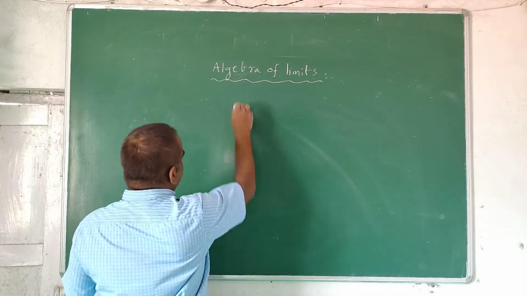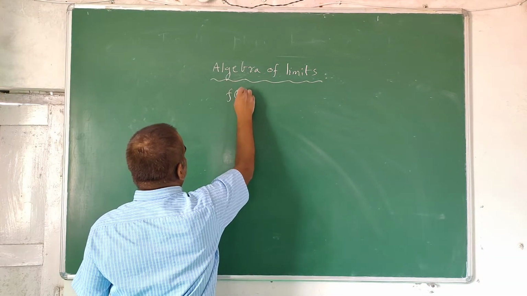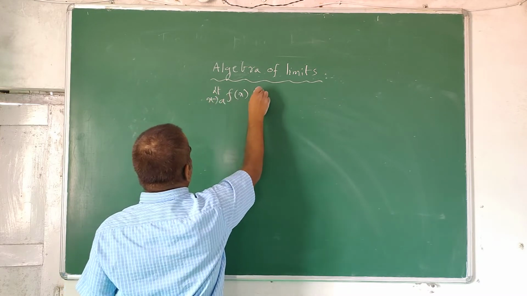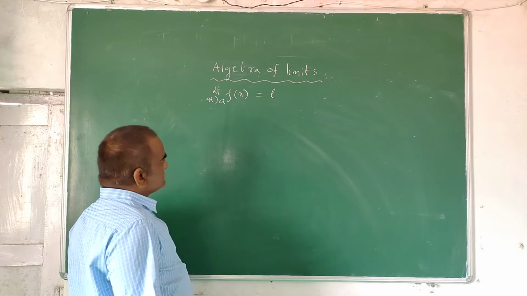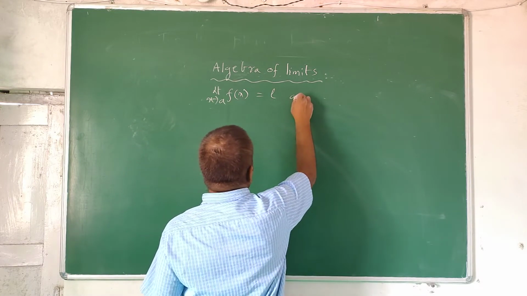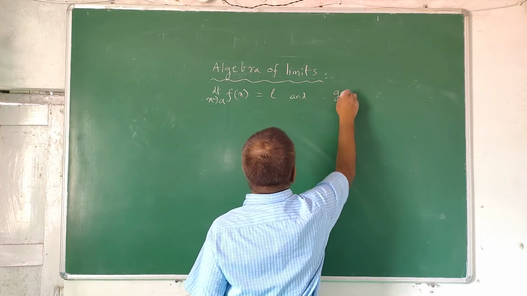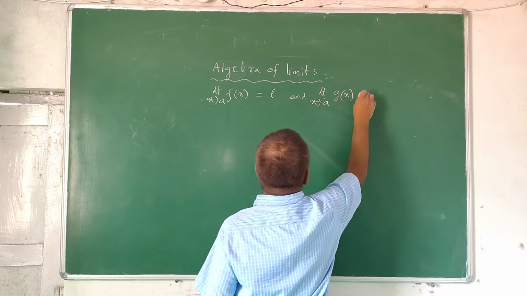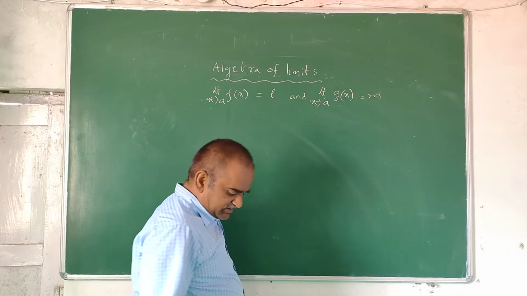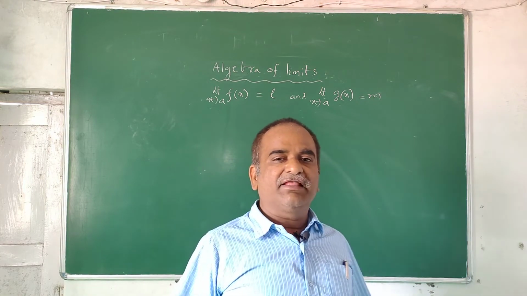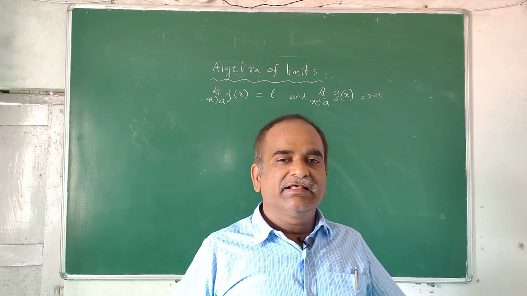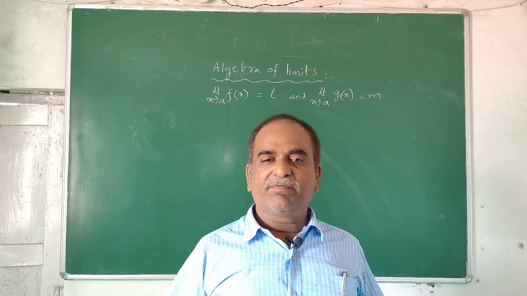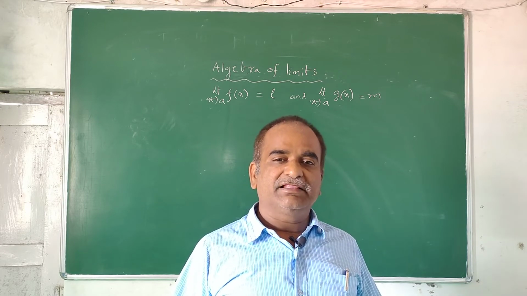For example, let the limit of f of x as x tends to a be L, and say the limit of g of x as x tends to a is equal to m, for a moment. Then we take the following properties as granted without any proof. You frequently apply these in the running problems of various exercises.